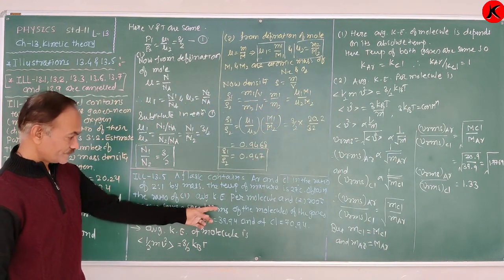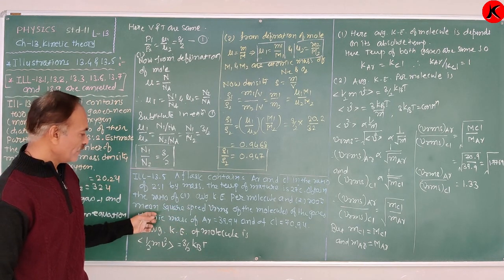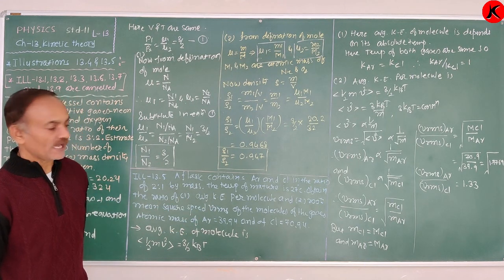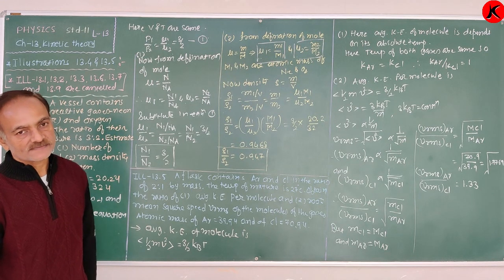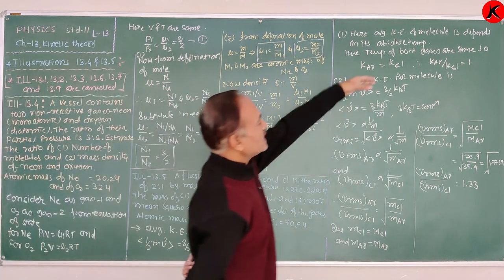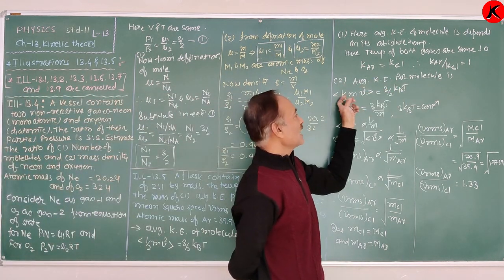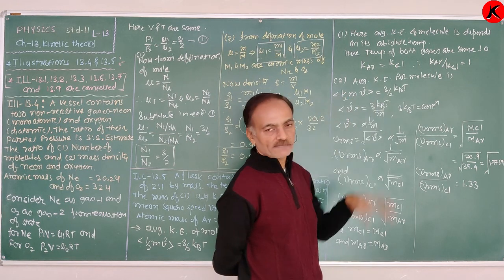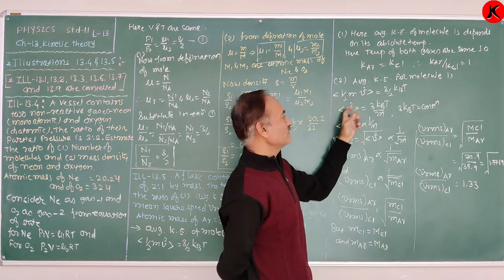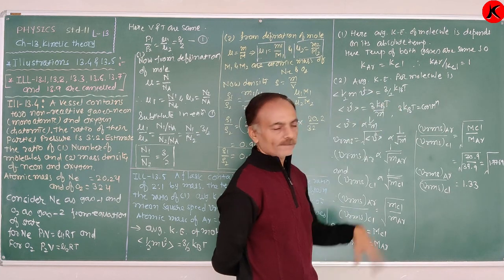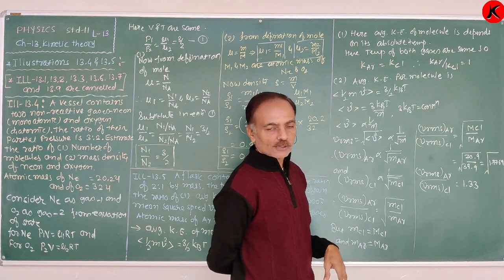Now, we have to also find out the root mean square speed, VRMS, of molecule of the gases. So, translational kinetic energy per molecule, half m v square, is equal to 3/2 kBT. Therefore, v square is equal to 3 kBT upon m. 3 kBT are constant.